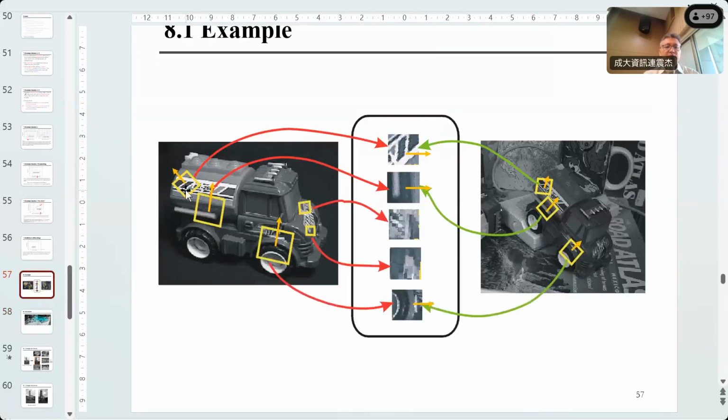So each one page will compare with the 3 and pick up 1. The second one will pick up 1. But there are 5 here and 3 here. So first of all we compare from left to right, and then we compare right to left. If it is consistent, then we'll connect together. Okay.